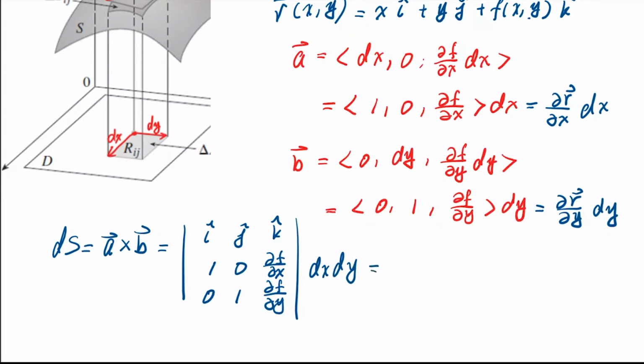And if you do that, the i vector is negative partial f partial x, and then the j component is negative of that one, so we have partial f partial y j vector, and then your k, just one.